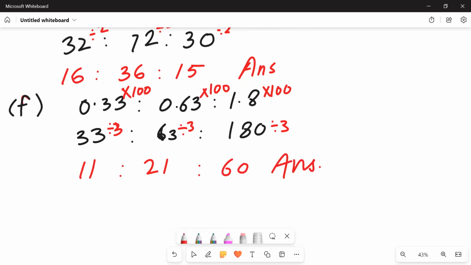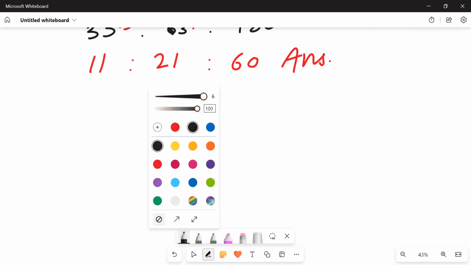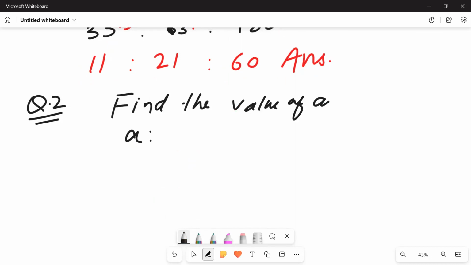Got it? Yes. Now question number 2, exercise 9a. Find the value of a. a ratio 400 is equal to 6 ratio 25.